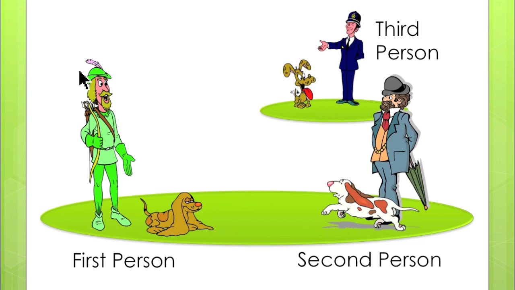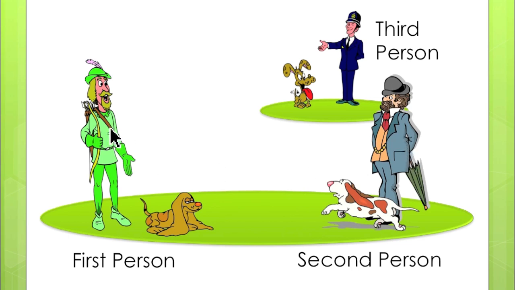Here are 3 English speakers right here. Here is Robin Hood. Opposite it is an Englishman wearing a bowler and carrying an umbrella. And back over here is an English bobby. Now let's imagine that Robin Hood is speaking with the man in the bowler with the umbrella.